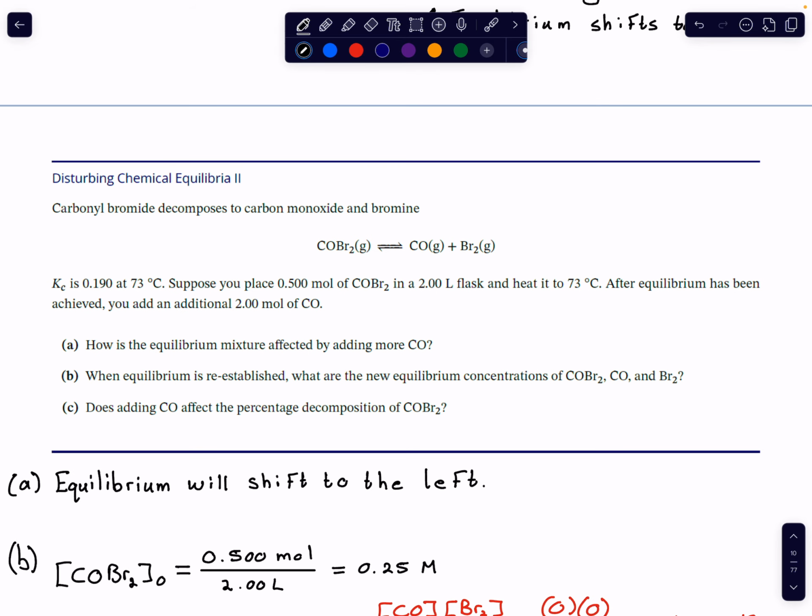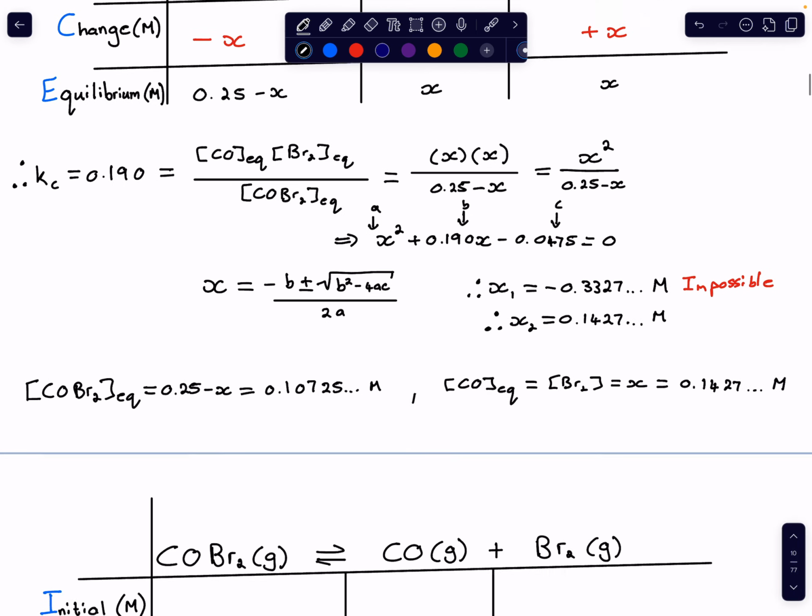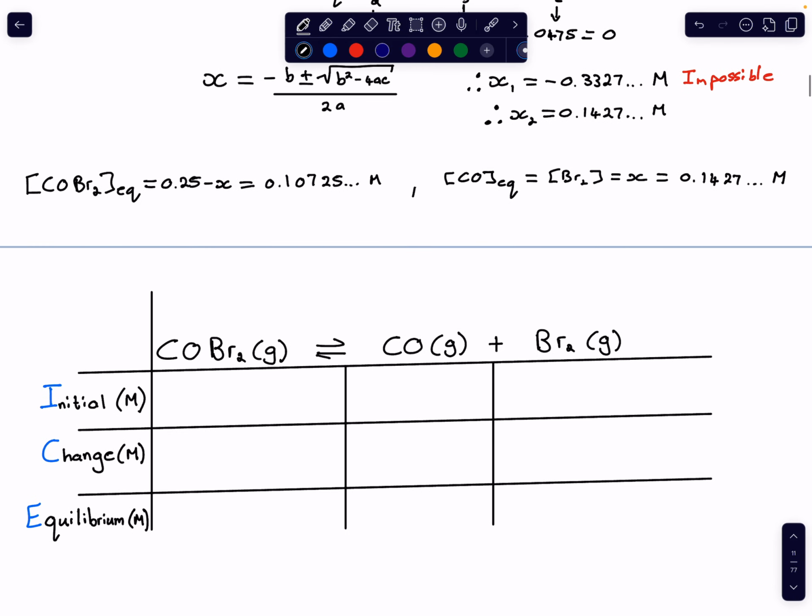So it says after equilibrium has been achieved, you add an additional 2 mole of carbon monoxide. So that's the disturbance. So when equilibrium is re-established, what are the new equilibrium concentrations? So that's what we're after. So technically, we then do another ICE table with these as our initial concentrations.